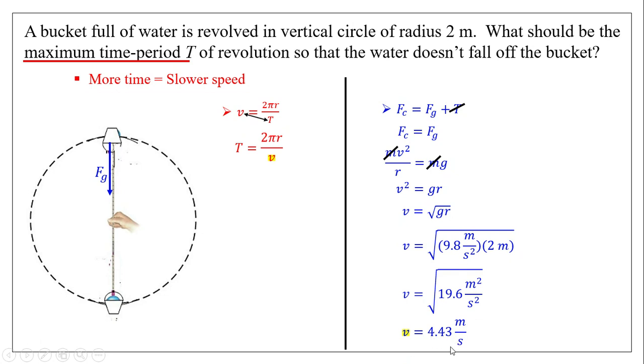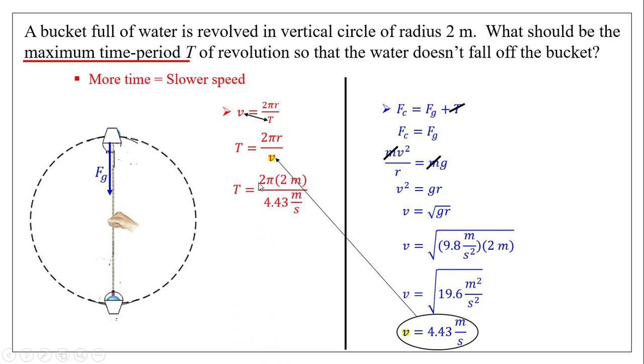It's important that as you calculate this, you know what this represents. v here is the minimum speed needed for the bucket to go at the top in order for the water not to fall out. Now that I know v min, I can plug it back into my time function. Capital T, once again in this function, represents the time period, not tension. So I know 2 pi, I know r, now I know v.